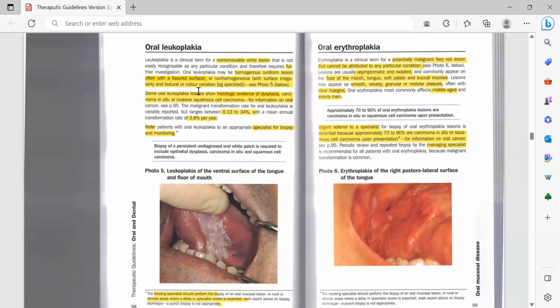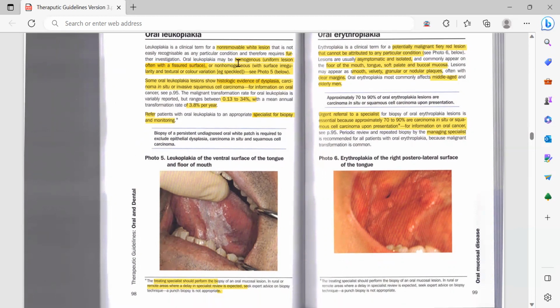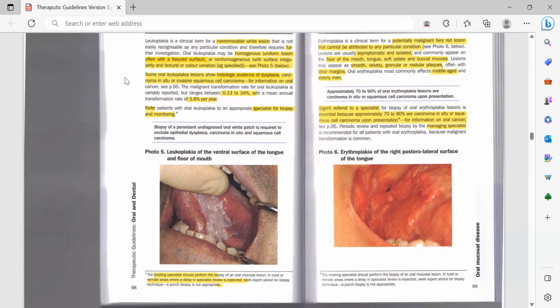So you need to first rule out, and if it is not easily recognizable as any other particular condition, it therefore requires further investigation. There are a few types of oral leukoplakia. First is homogeneous, which means a uniform lesion, often with a fissured surface, or it could be non-homogeneous with a surface of irregularities. Okay.